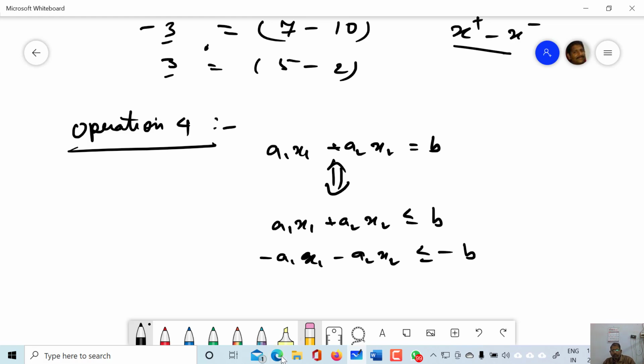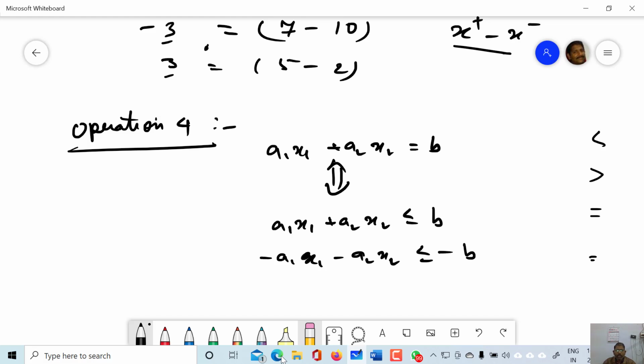Because the equality sign was there, as I explained above, if it was less than, then after negation it will be converted into the opposite, but if it was an equal sign, then it will remain an equal sign itself.